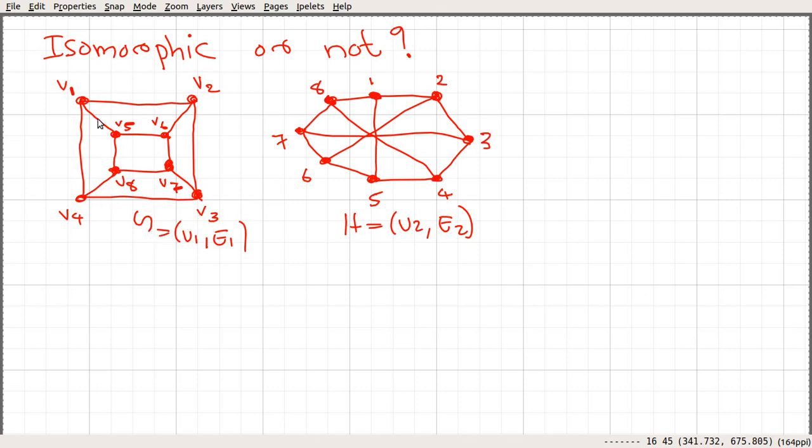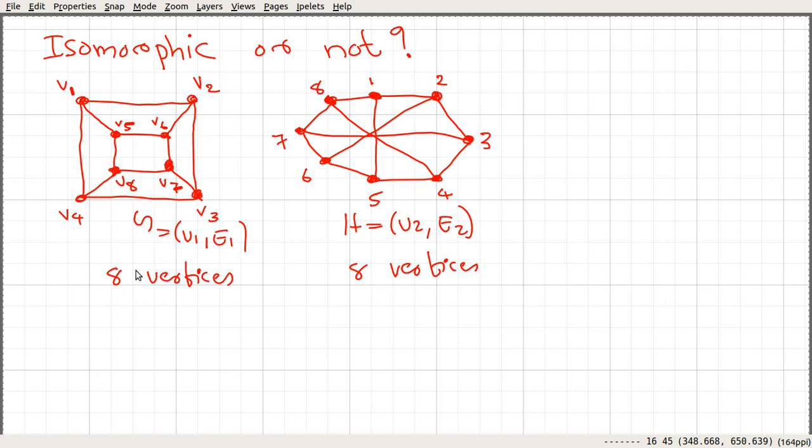Here, if you look into this graph, you can see that it has 8 vertices, and this graph also has 8 vertices. If you count the number of edges in this graph, you get 1, 2, 3, 4, 5, 6, 7, 8, 9, 10, 11, 12.